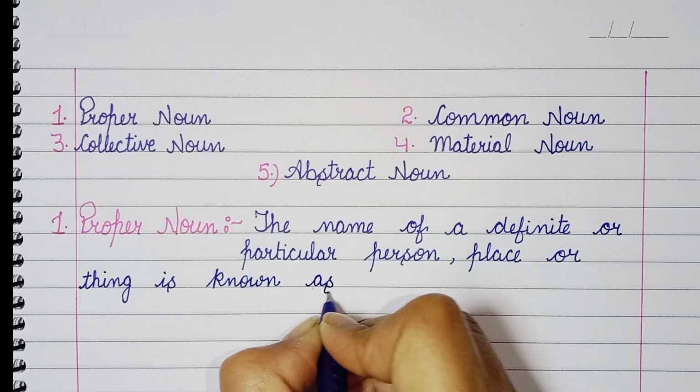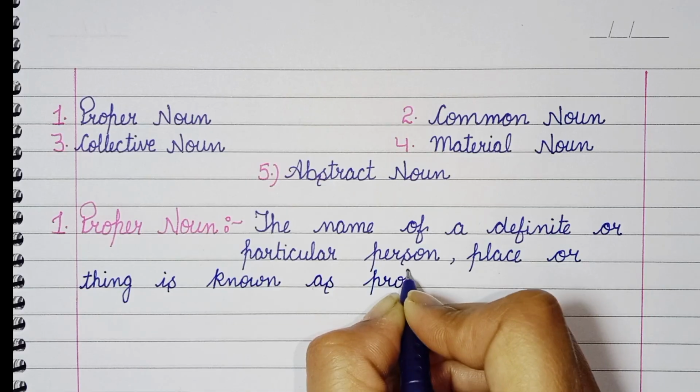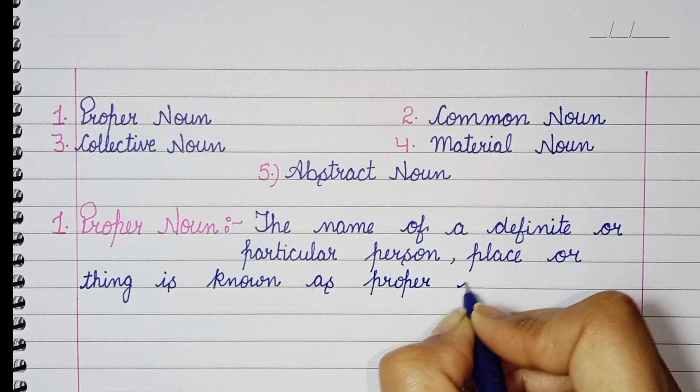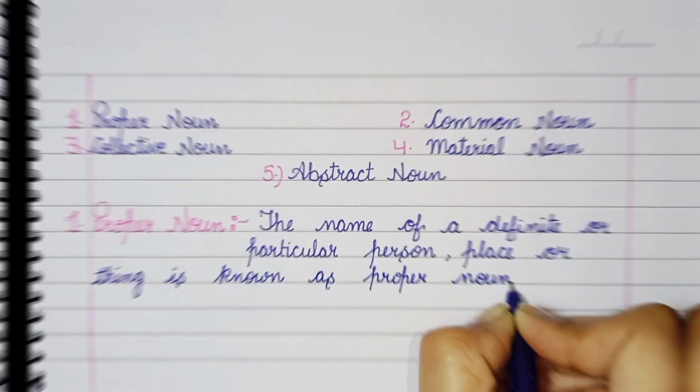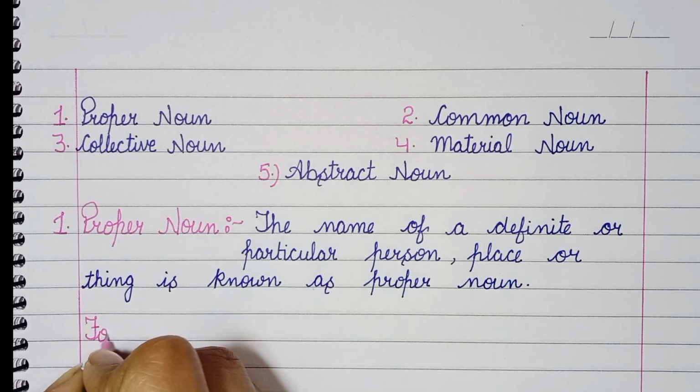First, proper noun. The name of a definite or particular person, place, or thing is known as proper noun.